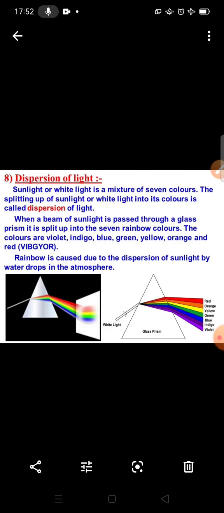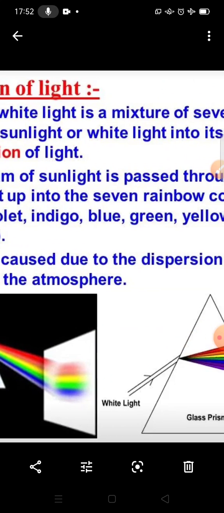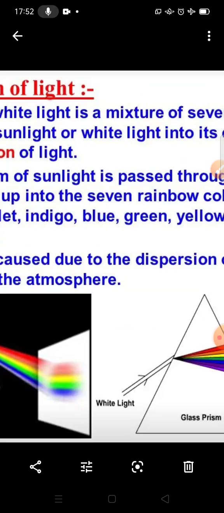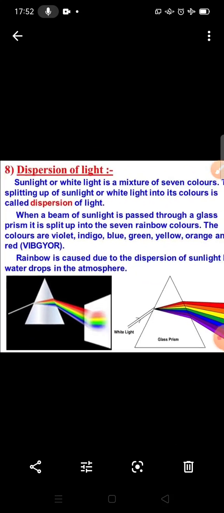What are these? VIBGYOR. VIBGYOR means V violet, I indigo, B blue, G green, Y yellow, O orange and R red.